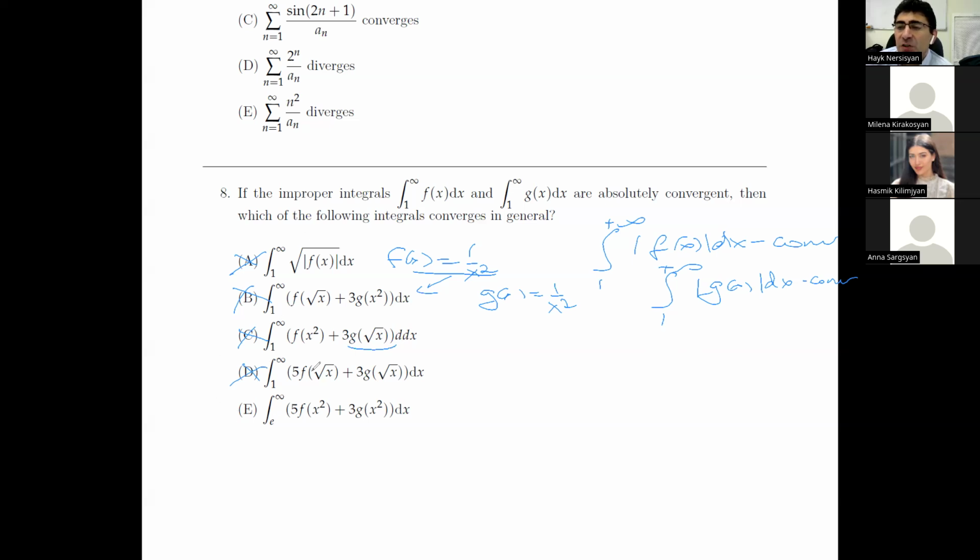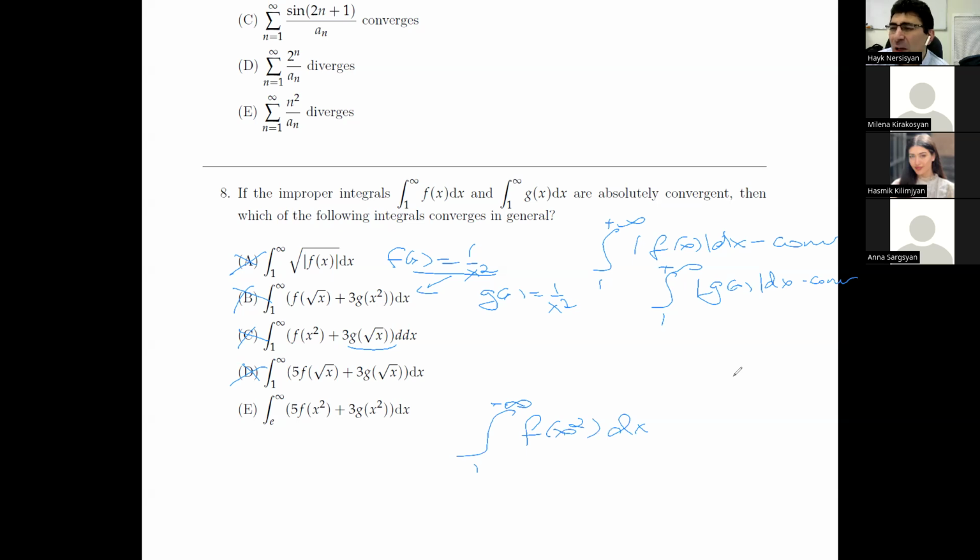Why is the remaining E correct? Can you prove that if we have f absolutely convergent, then f(x squared) will be convergent as well? How can we prove that this is convergent? Look, the only information we have is about f(x), not f(x squared).